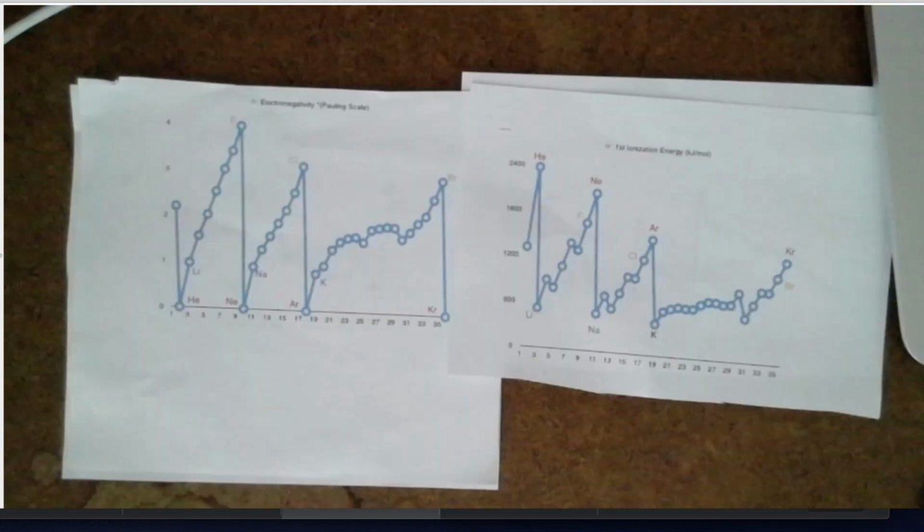I have two more. This is electronegativity on the left and first ionization energy. And again, they're having to explain why the graph looks the way it is. Now, if you want to push this a little bit more into the elaboration mode of the 5E model, maybe you have the students actually pull the numbers for these parts right here and explain why it goes up and then down.